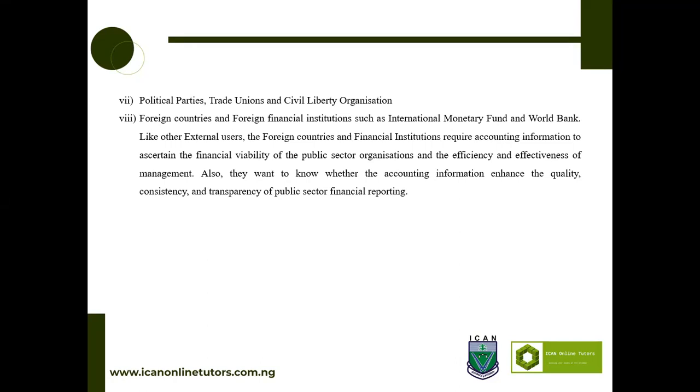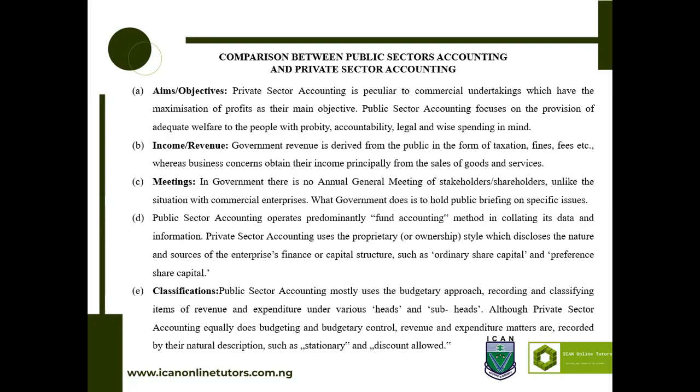Foreign financial institutions such as the International Monetary Fund are institutions set up to look for poverty alleviation in a country and to support the country in order to come out of a recession or problem in terms of financing. So that's their expectation. So these are the primary and the secondary users of public sector accounting.